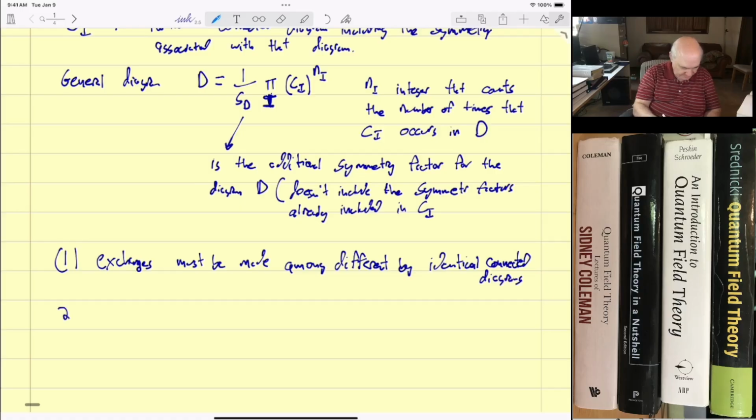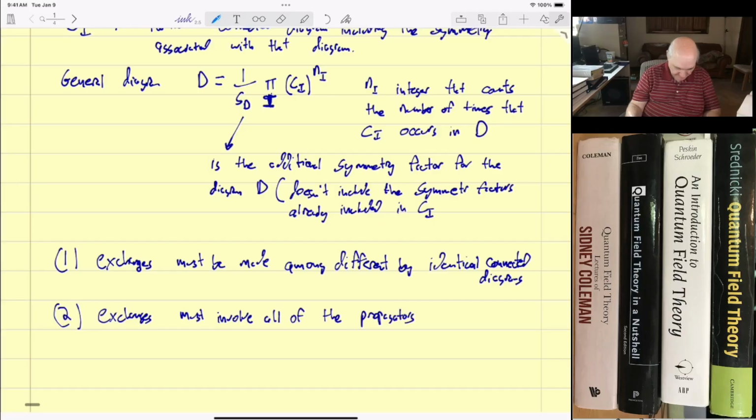And 2, the exchanges must involve all of the propagators and vertices in a given connected diagram.